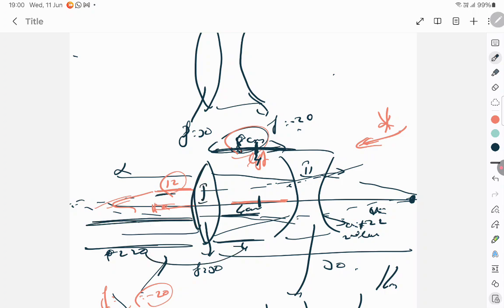So it will be 220 minus 4, which is 216 centimeter to the left of the first lens.